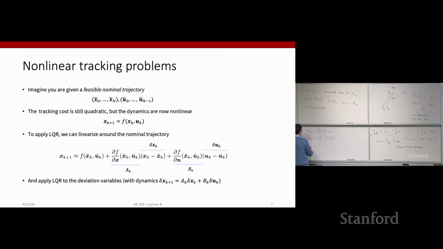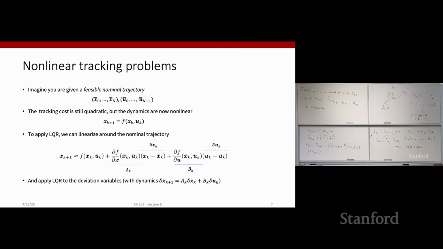So x_{k+1} minus x bar_{k+1} is equal to f of x_k, u_k minus f of x bar_k, u bar_k. But now, let's do the usual trick.